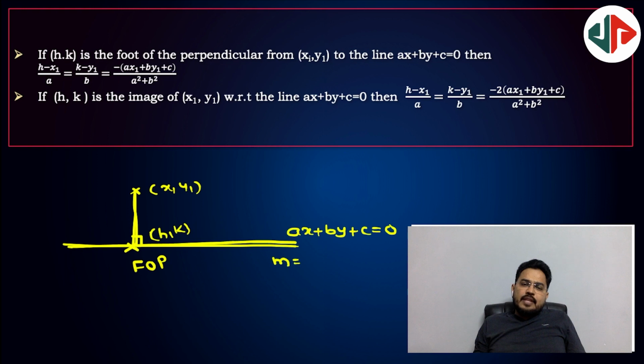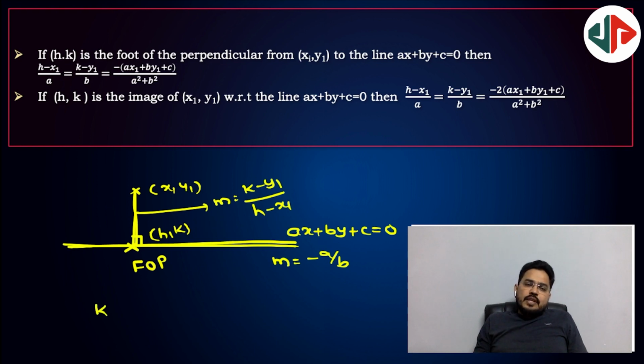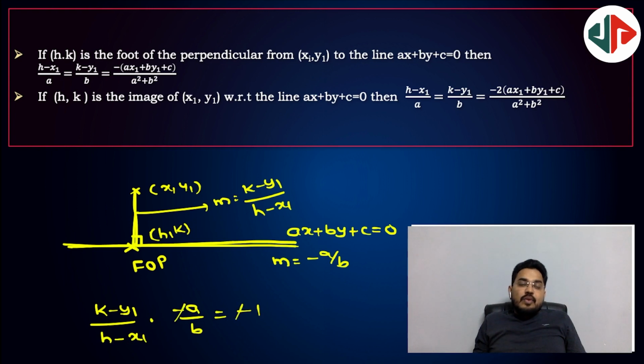This slope is equal to minus a by b, and for this slope it is k minus y1 by h minus x1. So the product of the slopes, k minus y1 by h minus x1 into minus a by b, is equal to minus 1. From here you are going to get h minus x1 by a is equal to k minus y1 by b is equal to minus of ax1 plus by1 plus c. This is by ratio and proportionality we will be getting.